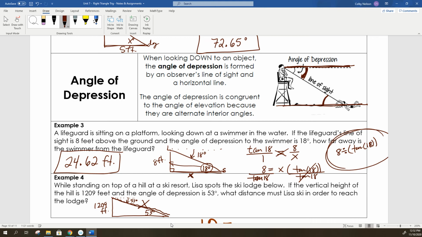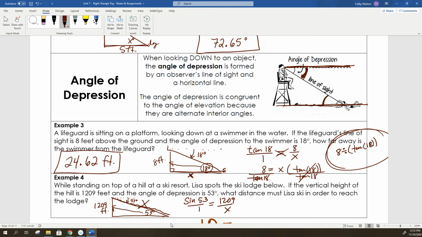What sides do we have? What relationship? 1209 is opposite. The x is hypotenuse, so that is sine. Okay, so let's set that up. Sine of 53 equals the side opposite over the hypotenuse.